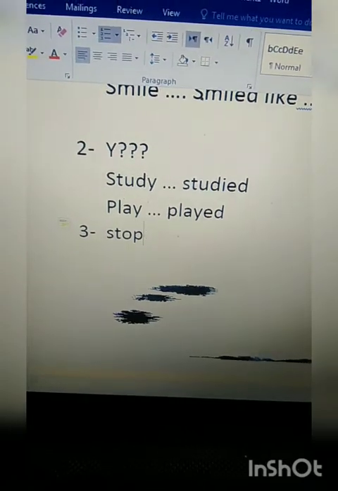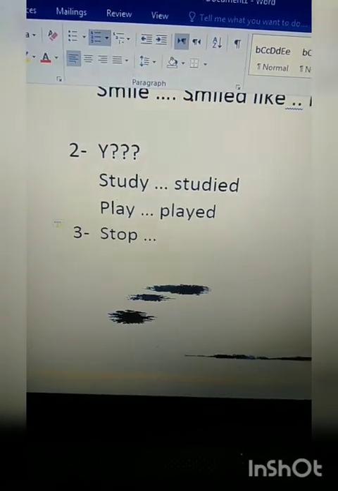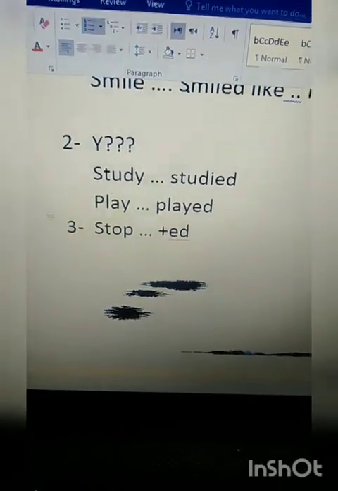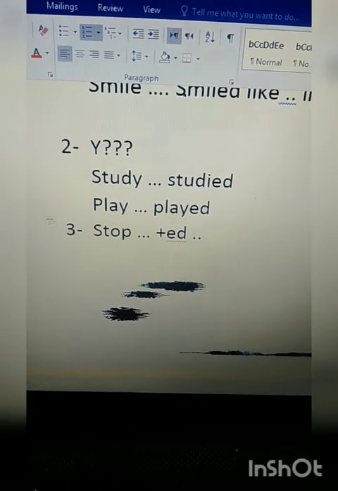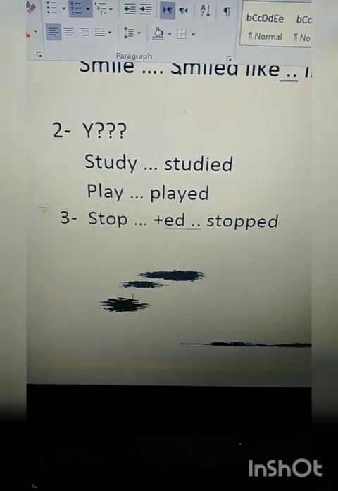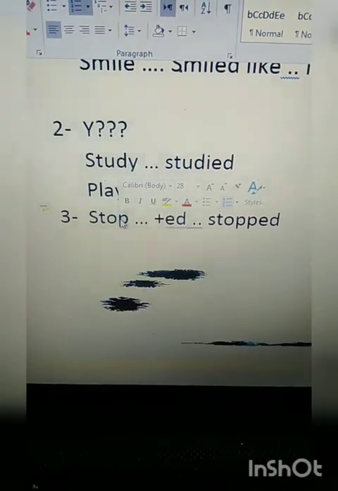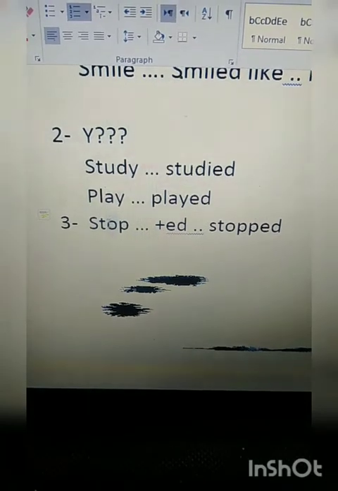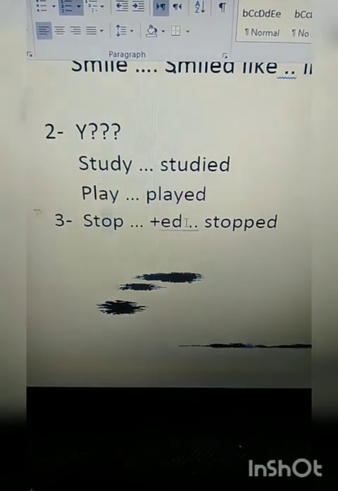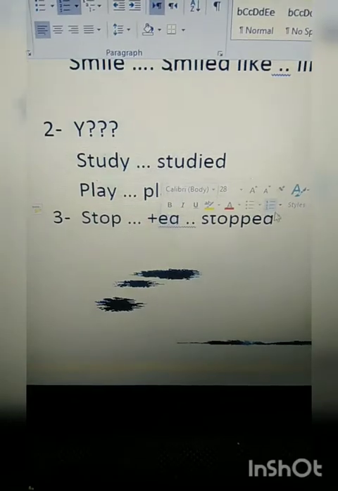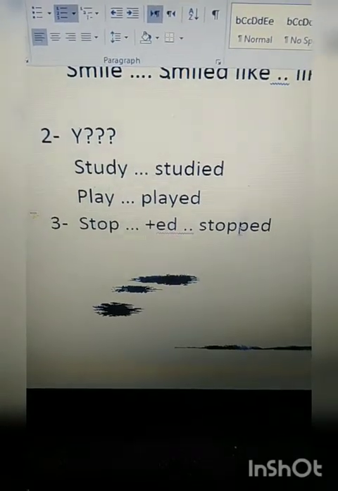So if I want to change it to the past form, before adding ed, I have to double the last letter, which is the letter P. Then I add ed. Because the verb ends with a single consonant, and before the single consonant we have a single vowel. So before adding ed, I have to double the last letter. Then I add ed.